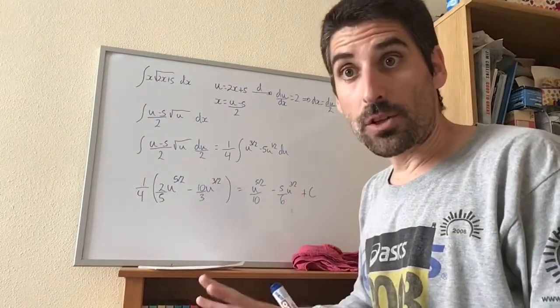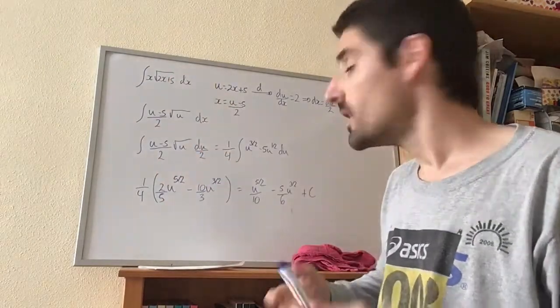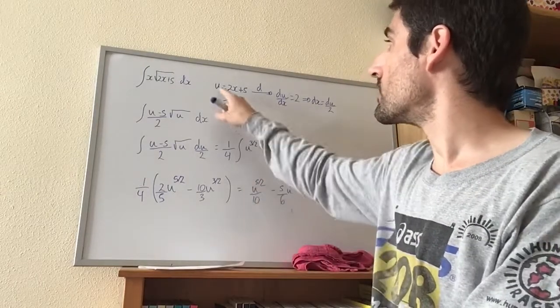We haven't quite finished though, because this is all in terms of u and we were integrating relative to x. So now I need to undo the variable change and substitute u for its equivalent expression.